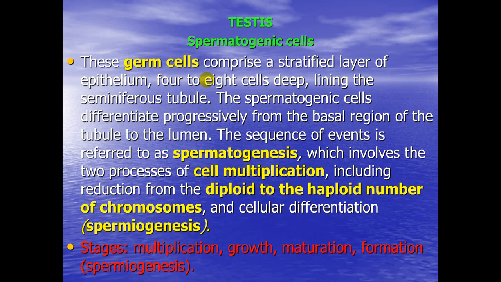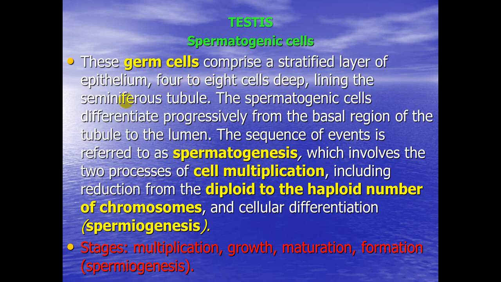The sequence of events is referred to as spermatogenesis, which involves the two processes of cell multiplication, including reduction from the diploid to the haploid number of chromosomes, and cellular differentiation, spermiogenesis.